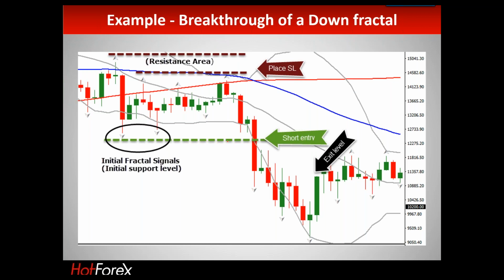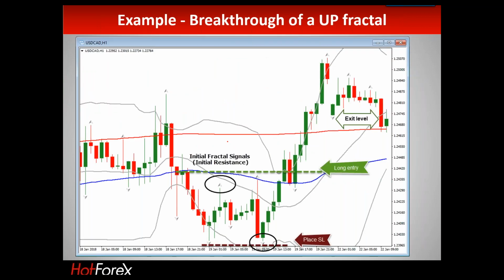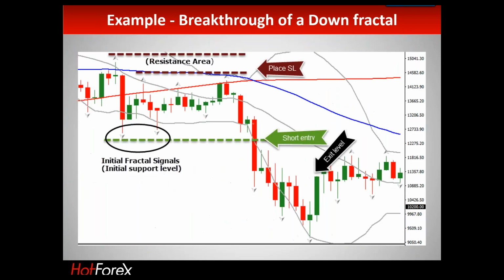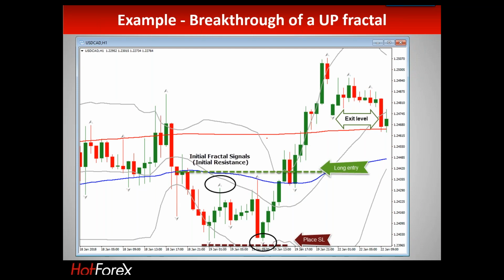Or in the case on the next slide, I have an inverse case, which is the case of an uptrend. If it breaks my immediate resistance, I will enter long with stop loss set at the latest or second latest down fractal. So this is the inverse situation of what we have seen in this example. So this is the long entry.